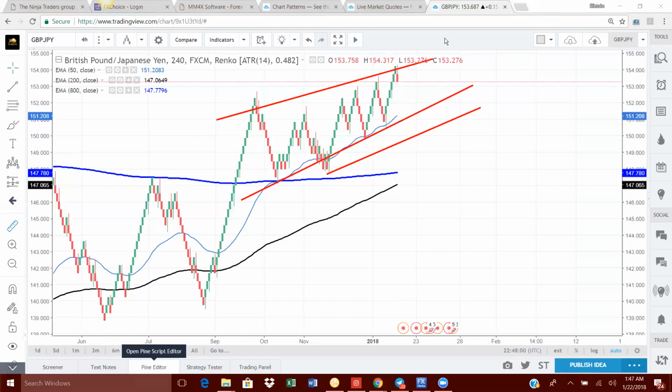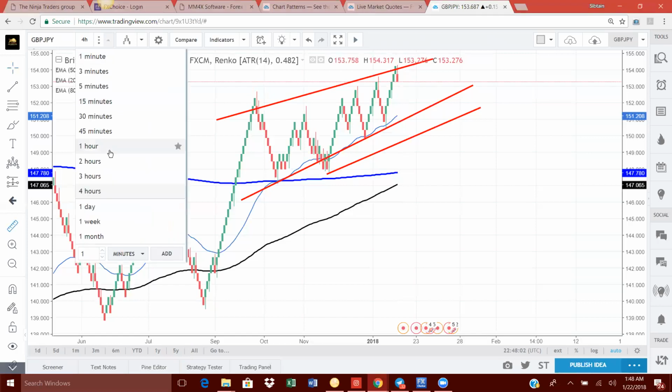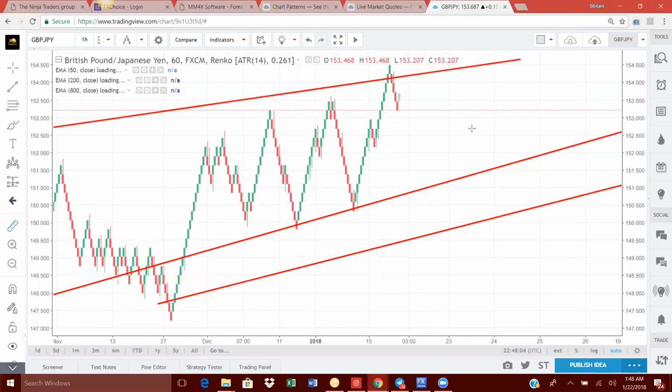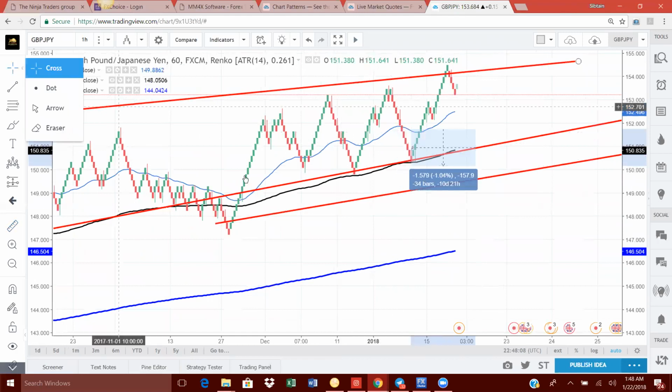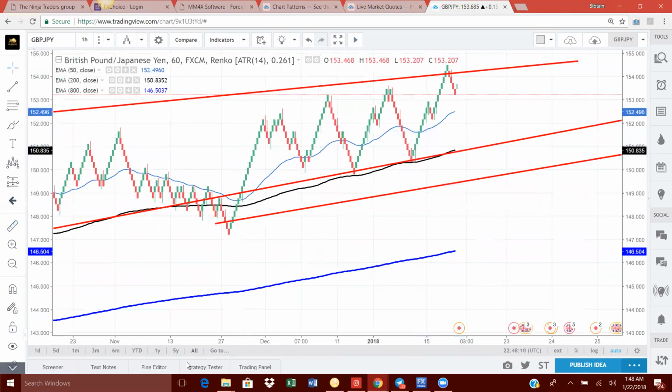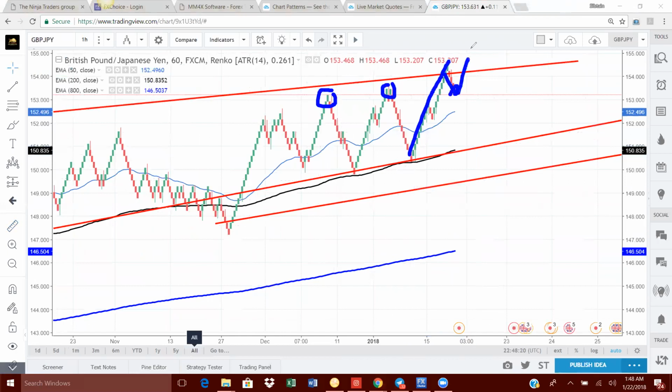But still, if you see on the 1 hour, it shows that the price could break the resistance, come back to support, and come up again, then fall eventually on the weekly and daily time frames.